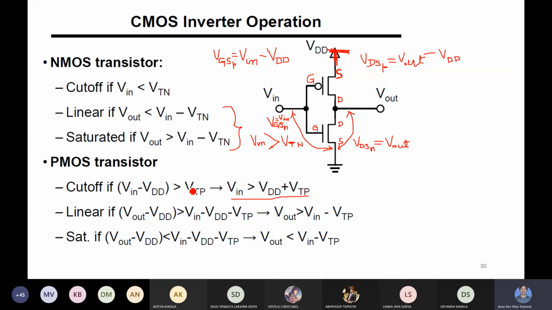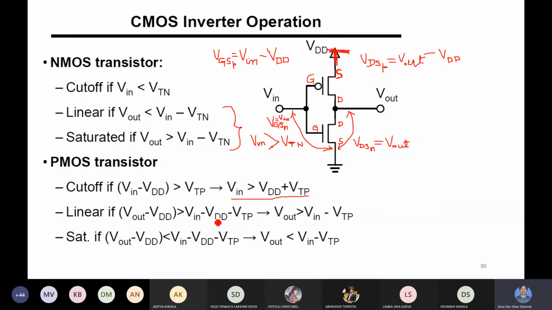So if Vin minus VDD is less than VTP, then it will become on. The on condition has two parts, the linear region and the saturation region. In the linear region, VDSP, which is Vout minus VDD, should be greater than VGSP minus VTP. VGSP is basically Vin minus VDD.